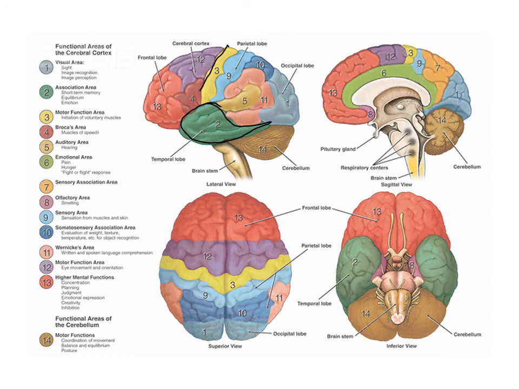This yellow strip is the motor function, so that controls our voluntary muscles. And this blue part right behind it is the sensory part that controls the sensation from skin and muscles.